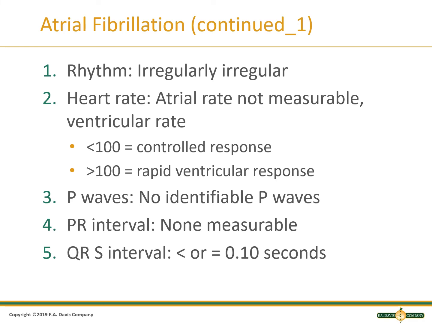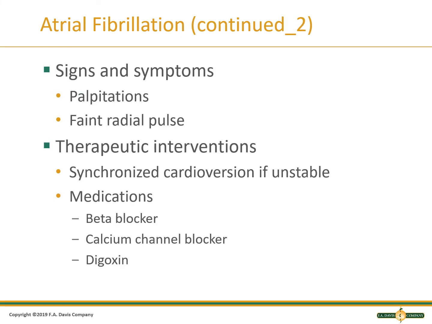Atrial heart rate is not measurable. Ventricular heart rate, if less than 100, is a controlled response. If greater than 100, it's a rapid ventricular response. There are no identifiable P waves. There's a non-measurable PR interval. The QRS interval is less than or equal to 0.10 seconds.